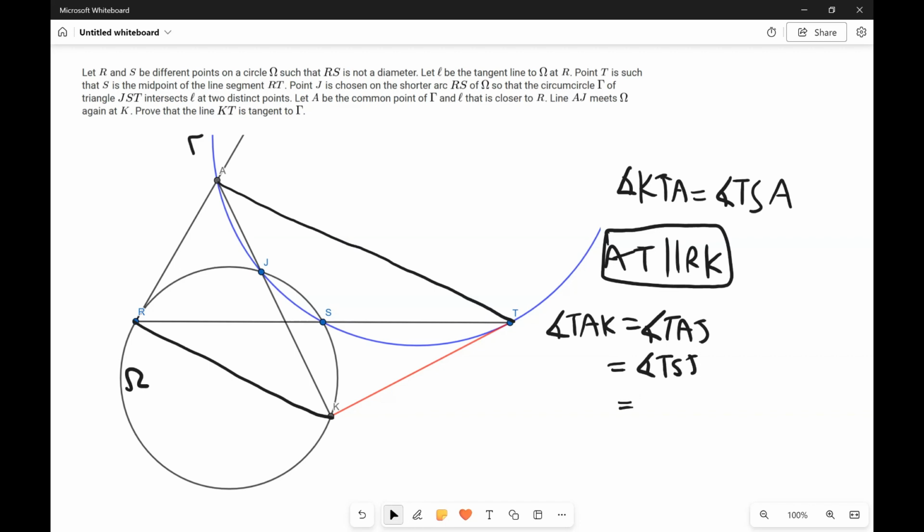And since R, S, and T are collinear, this is equal to directed angle RSJ, which is equal to, because of cyclic quadrilateral RJSK, directed angle RKJ. And this in turn is equal to directed angle RKA. And this implies that these two lines are parallel because TAK is equal to RKA.